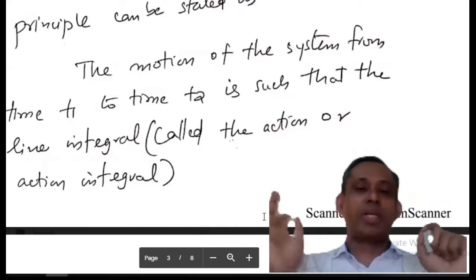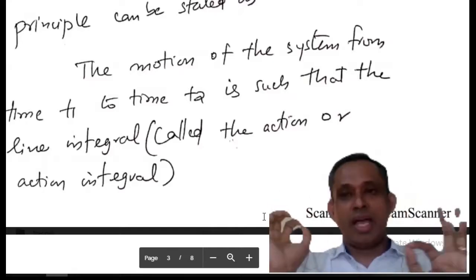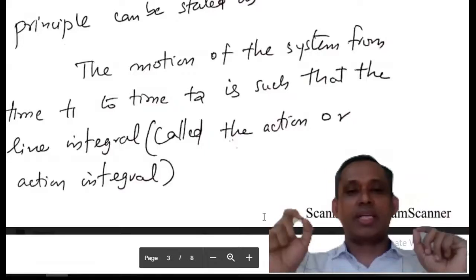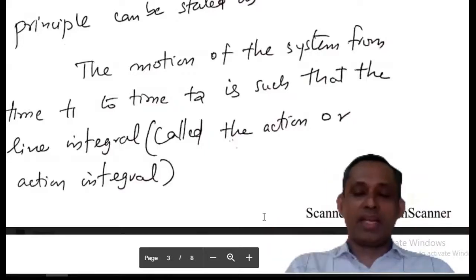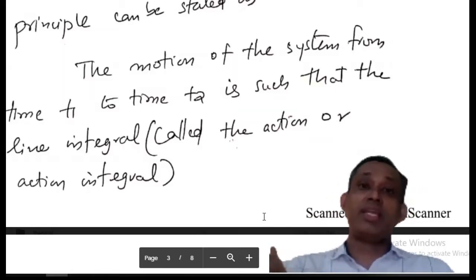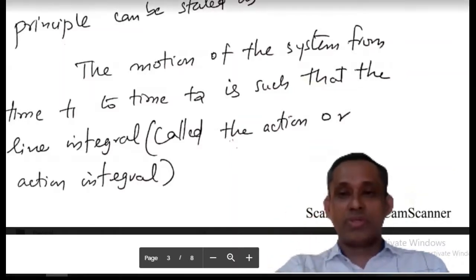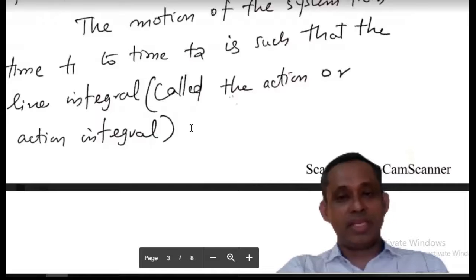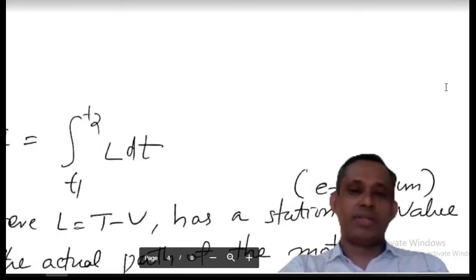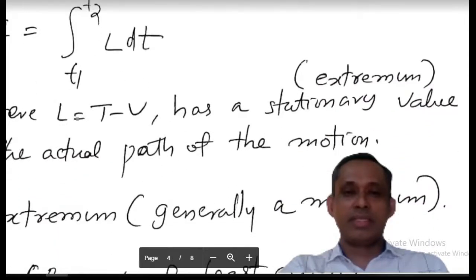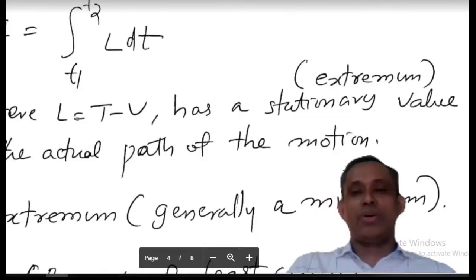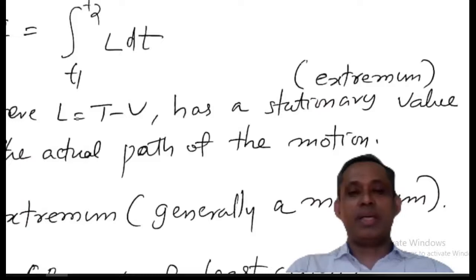The motion of the system from time t1 to time t2 is such that the line integral called the action integral, integral L dt, where L is the Lagrangian T minus V, has a stationary value, or is an extremum, for the actual path of the motion.